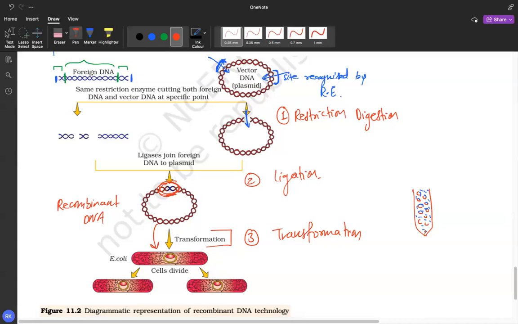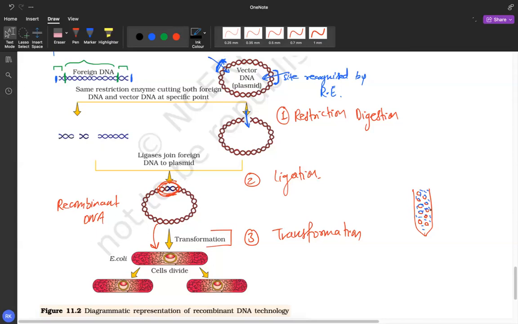But of course, some of them will just click upon themselves and close back. Do you understand? So this process is to ensure that we get enough plasmids with our gene of interest ligated in them.